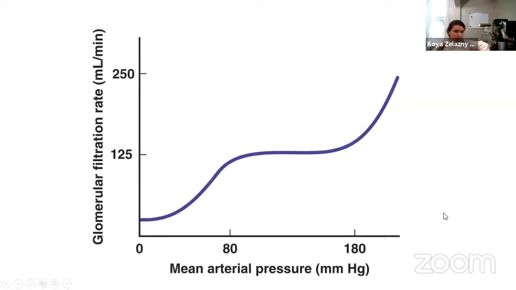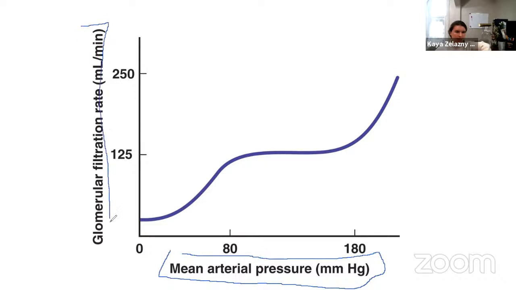Here we see the relationship between the filtration rate and our mean arterial pressure, our blood pressure basically. Pressure is on the x-axis here, our mean arterial pressure, and our filtration rate is on the y-axis.